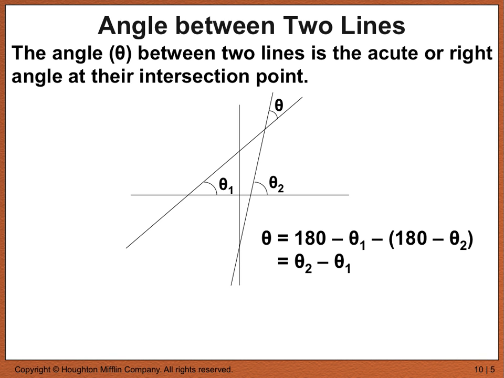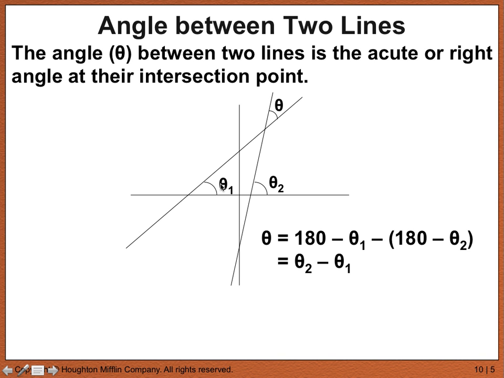Now, keeping in mind what we learned in geometry, we can write this equation. Theta equals 180 minus theta 1 minus 180 minus theta 2. Now where does that come from? Alright, follow the mouse arrow right now. With the mouse arrow, I am tracing a triangle. And we know that the sum of the interior angles of a triangle is always 180 degrees.